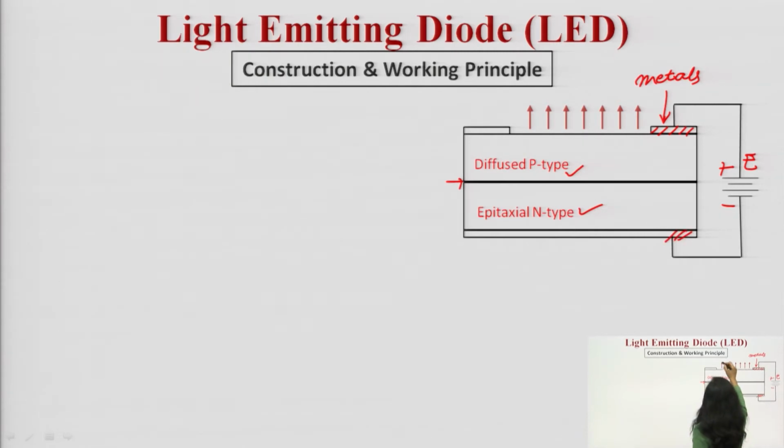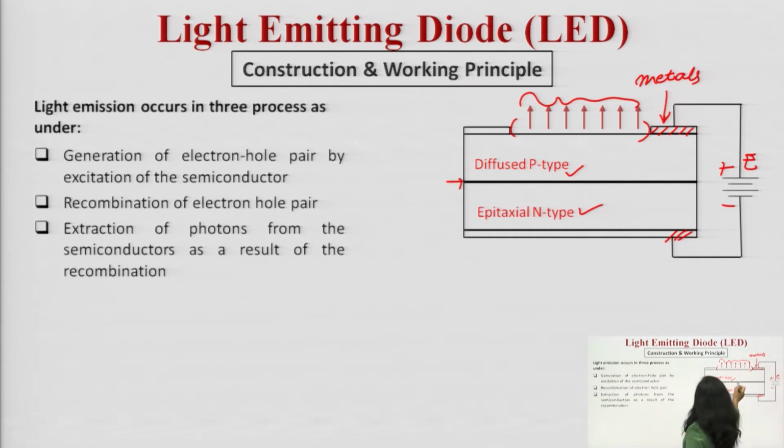You can see light is being emitted from this particular region, from here to here, and the overall mechanism occurs at the junction itself. So if you would like to visualize the overall mechanism, you can summarize light emission in the case of the LED in three processes. Basically there are three steps, three individual processes.